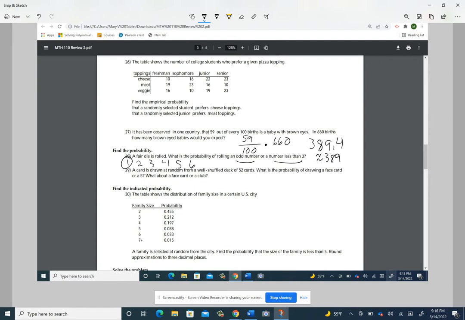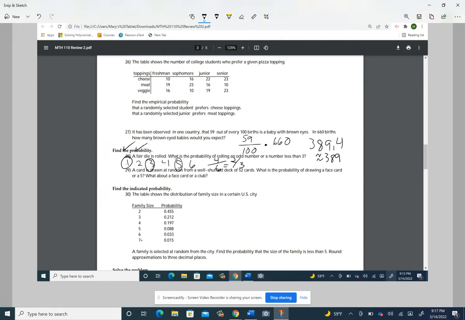Odd number would be 1, 3, or 5. A number less than 3 would be 1 or 2, but you don't want to double count. 1 is odd and less than 3. You don't count it twice. So you have 1, 2, 3, 4 distinct outcomes out of the 6, and that gives you 2/3 on that. Okay.